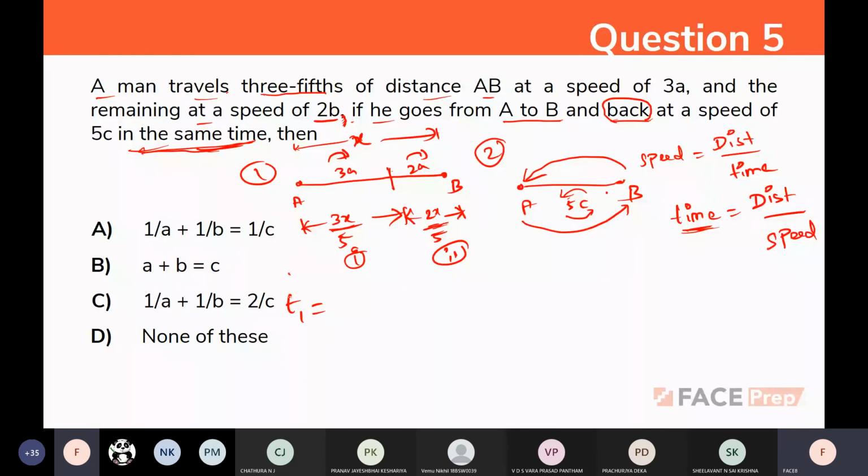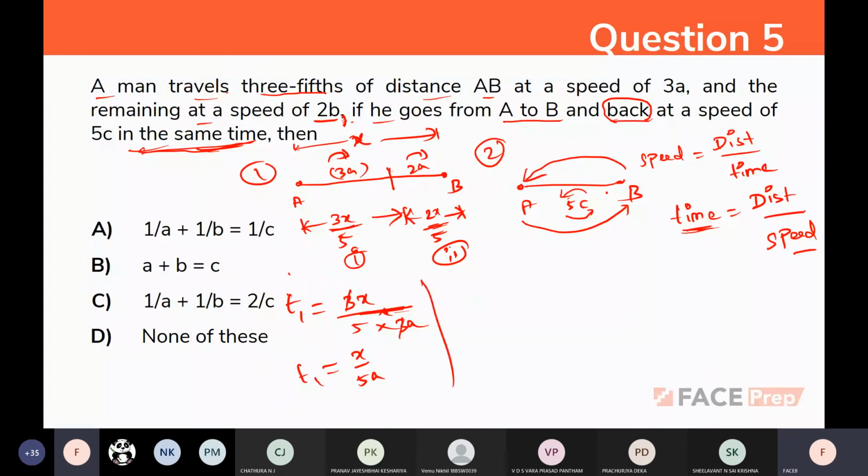Distance will be 3x divided by 5 in the denominator. So we don't need to put it separately. In the denominator, what is the speed for the first part? Which is 3a. So we can cancel 3 and 3: x by 5a, t1.